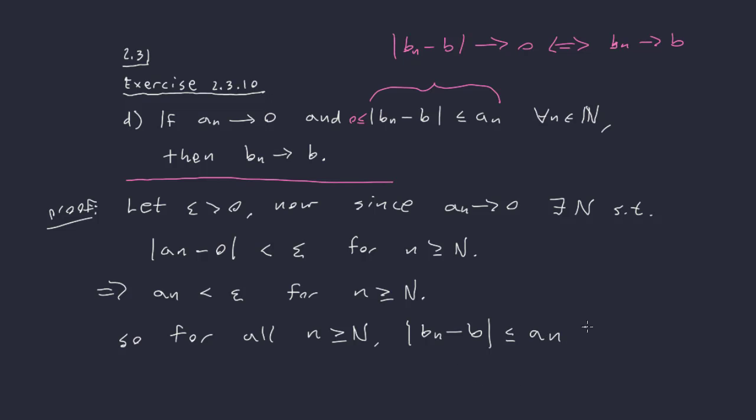And we know this is less than epsilon since we're looking at little n's greater than this big N. And there we go, which implies b_n converges to b.